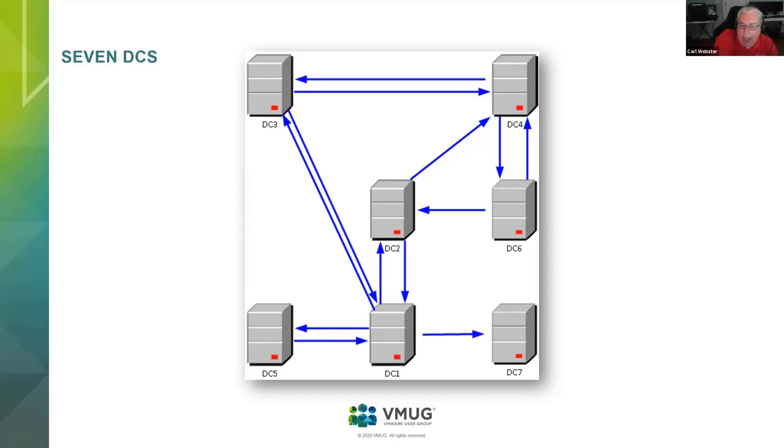Let's say I'm where DC7 is; I'm going to connect to probably DC1, and I can make the change, and it will go back to DC7. And then let's say DC4: DC1 is going to go to DC2, and DC2 is going to go to DC4. So no matter how you look at it on this screen, no matter which domain controller I make a change on, all domain controllers are within 3 hops of each other.